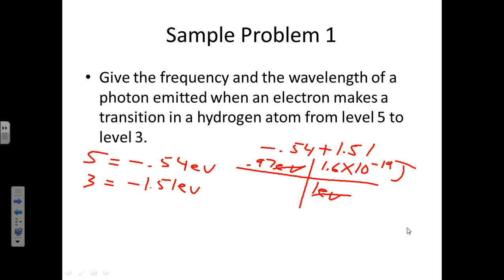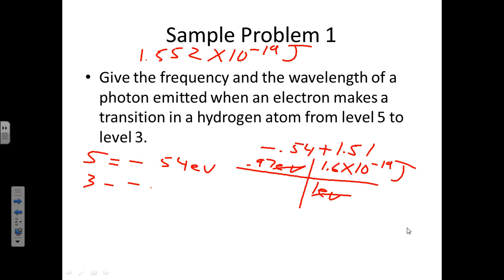So that's 1.552. I'm going to write that down up here. 1.552 times 10 to the minus 19 joules. So that's the amount of energy released when that electron jumps from 5 down to 3. That's the energy of the photon.